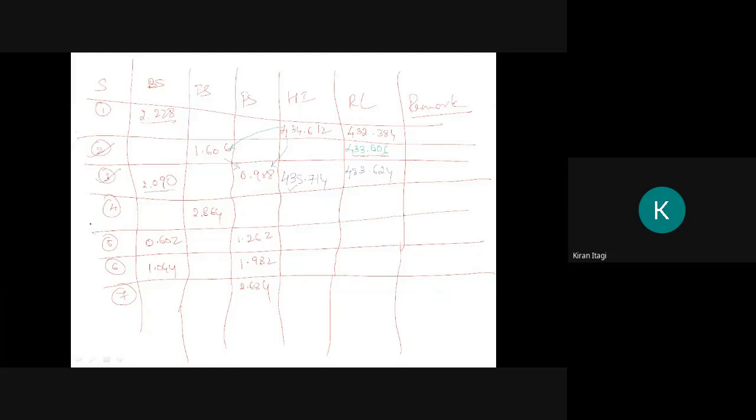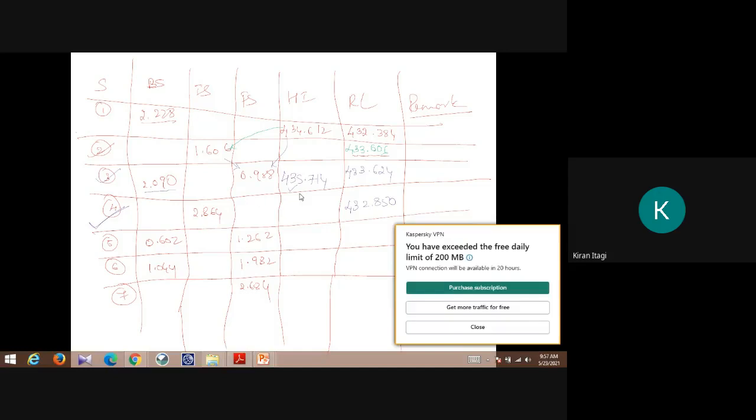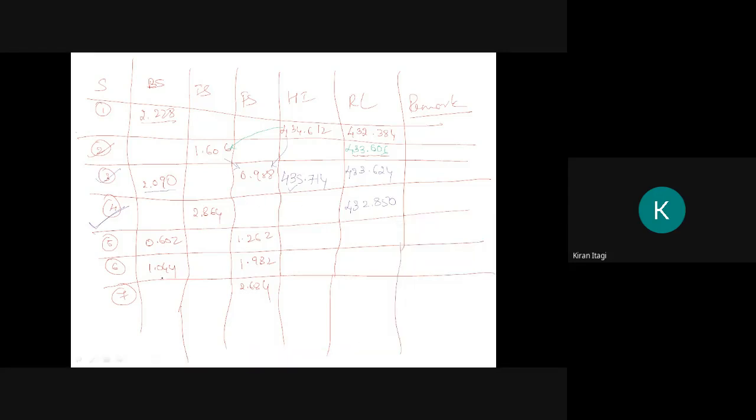Now we want the RL of station 4. How will we determine the RL of station 4? That is height of the instrument minus staff reading. What is the staff reading? It is 2.864. 435.714 minus 2.864. How much are we getting? 432.85. Very good.